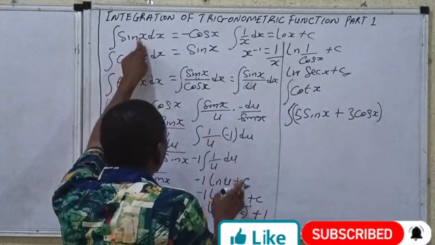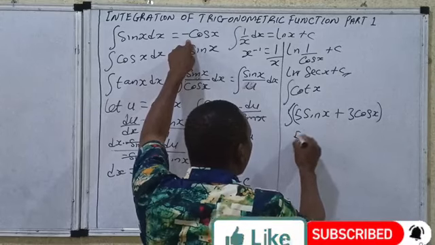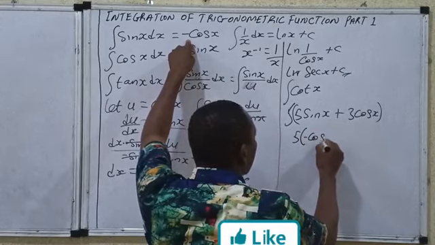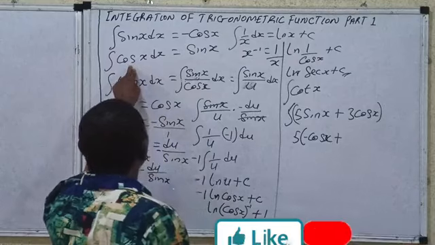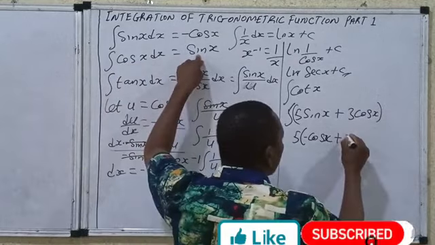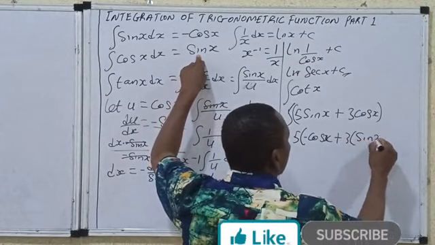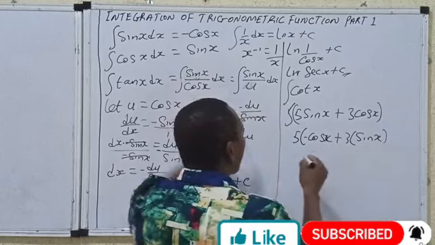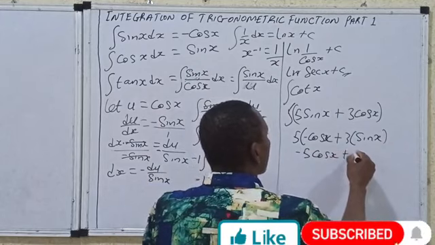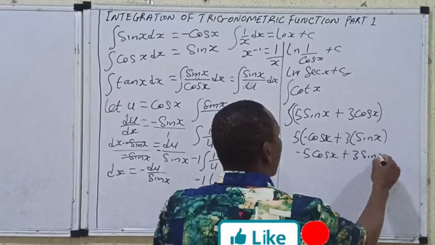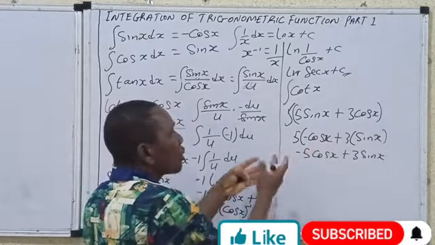If you integrate sine x, you get minus cos x, so put 5 bracket minus cos x. Now, if you integrate cos x, you get sine x, so 3 bracket sine x. Now, simplify it. You have minus 5 cos x plus 3 sine x. So it's a very simple question, so you can play with some of these basic problems.